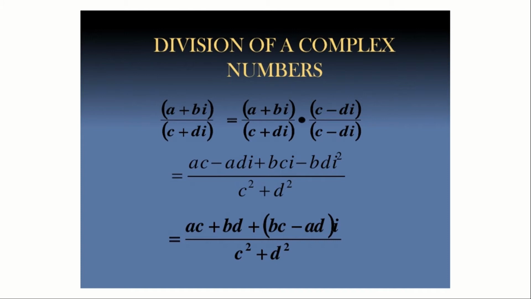In the numerator, it multiplies like a into c minus a into di plus bi into c minus bd i square. Since i square is equal to minus 1, we can take it as minus 1 or else we can group it. So this is the way of dividing complex numbers.